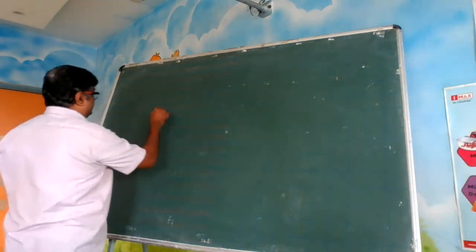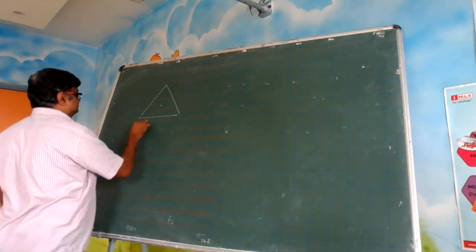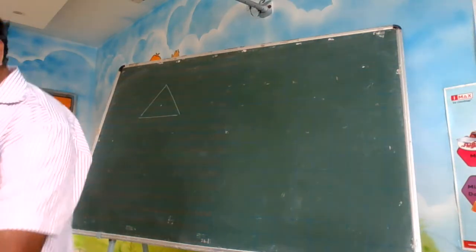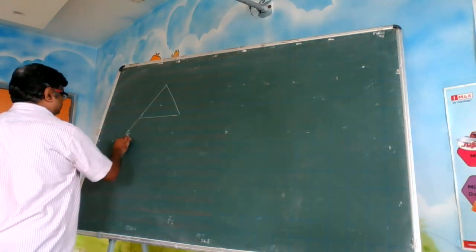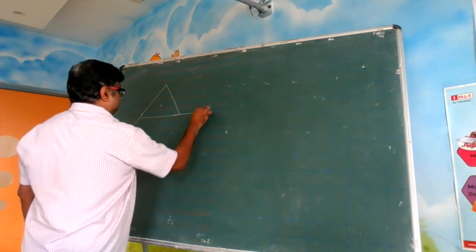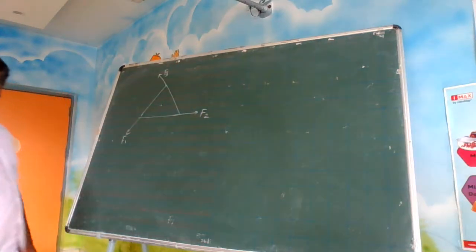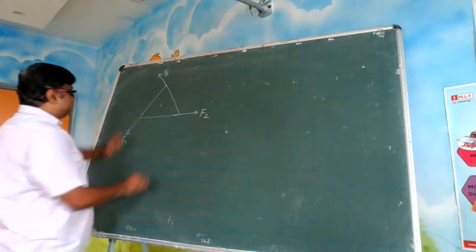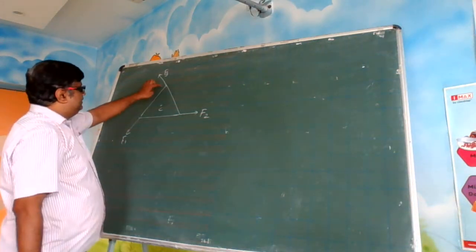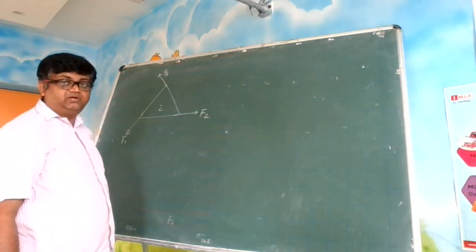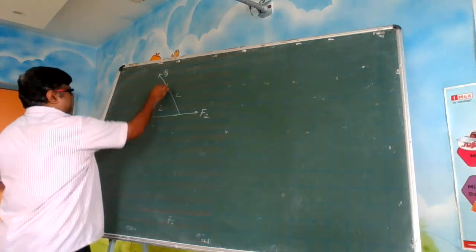So here the situation is given like this. There are three forces which are acting about a point C, and these forces are acting like they are part of an equilateral triangle of length L. Imagine there is a triangle.